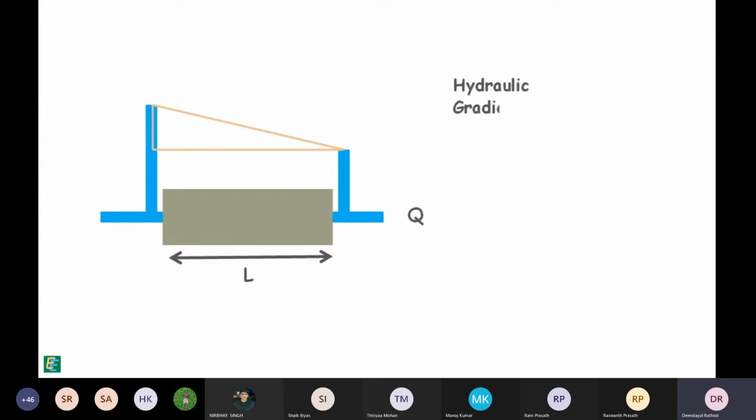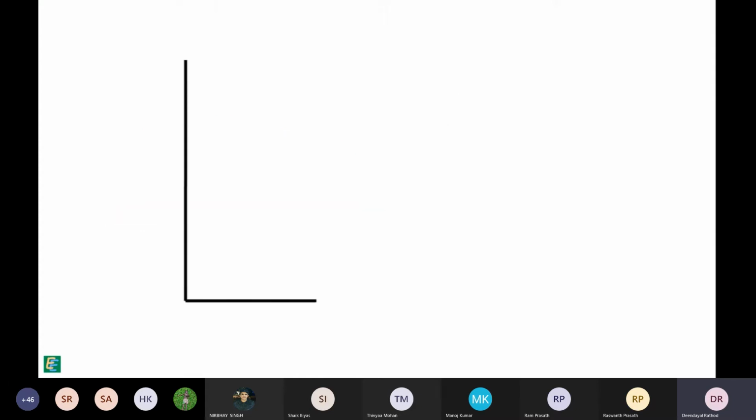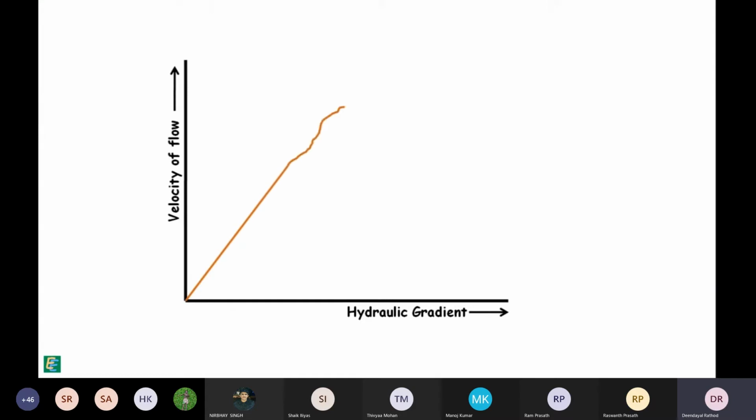We increase the hydraulic gradient, and for different hydraulic gradient values, we note down the corresponding velocity of water through the soil. We plot a graph between these obtained values of hydraulic gradient applied and velocity of flow. We will notice that with the increase in the hydraulic gradient, velocity of flow also increases. We can divide this graph into three regions, namely Zone 1, Zone 2 and Zone 3.